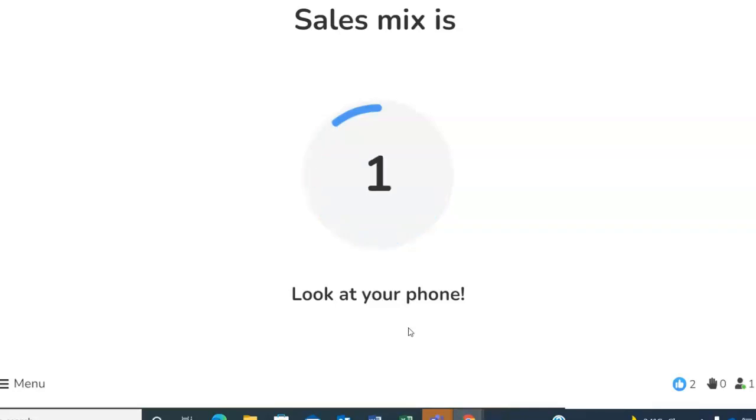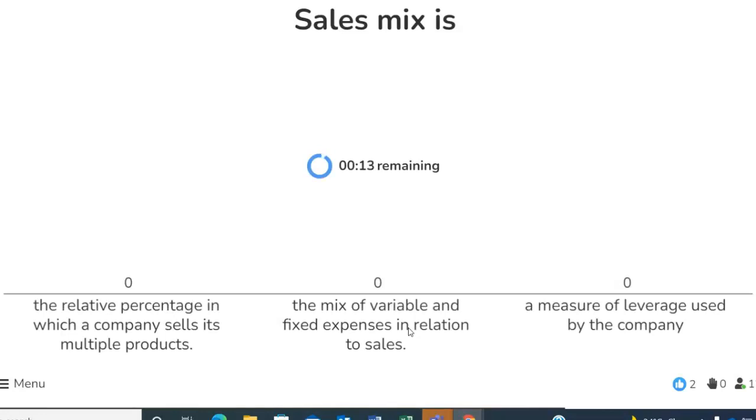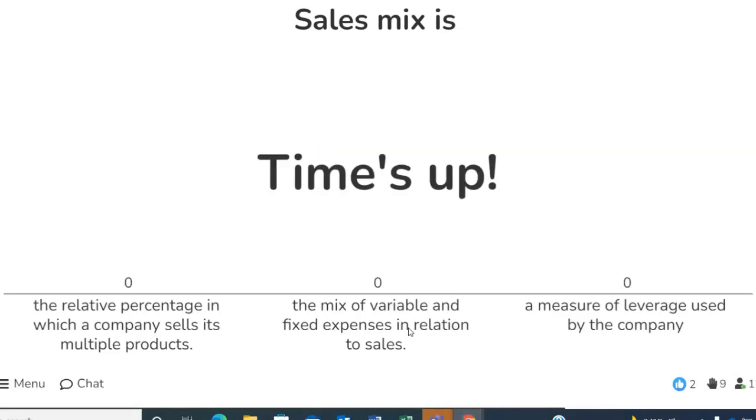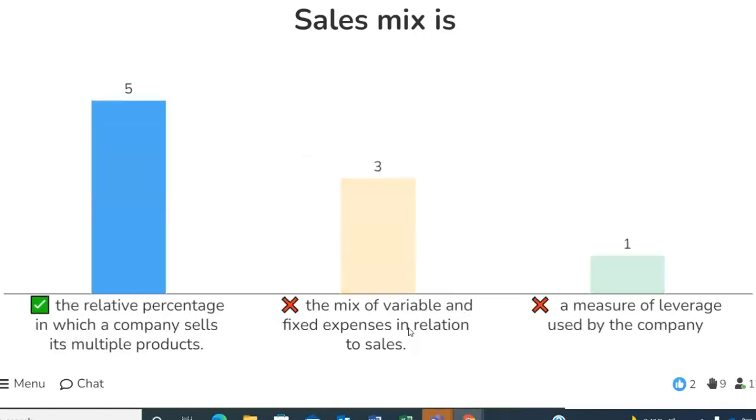Sales mix is, what do you think? Yeah. The relative percentage in which a company sells its multiple products.